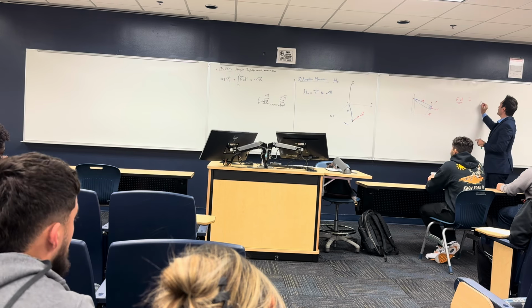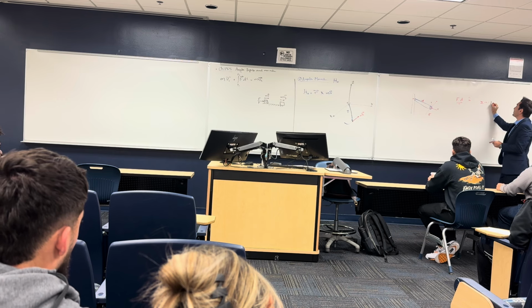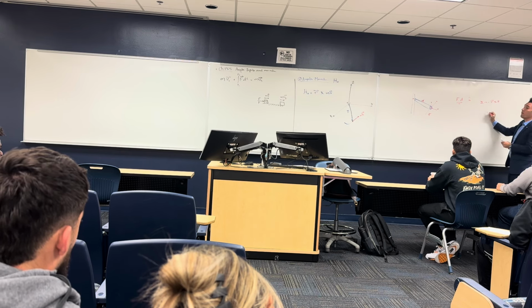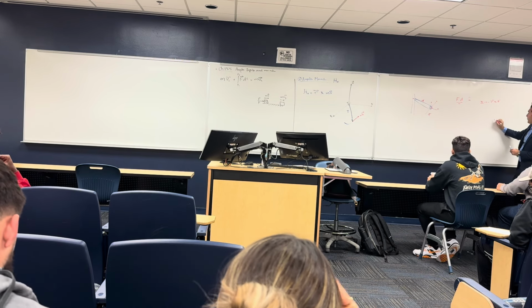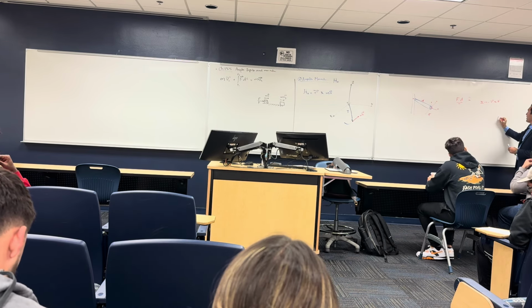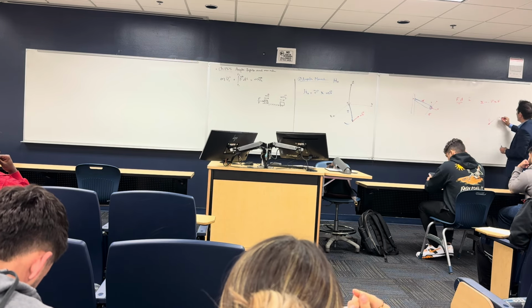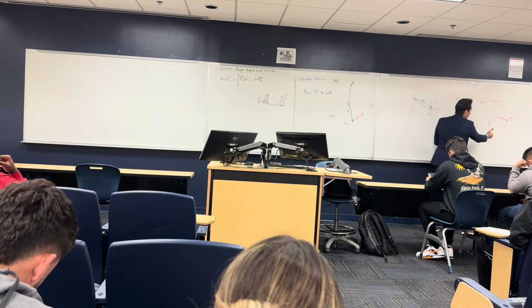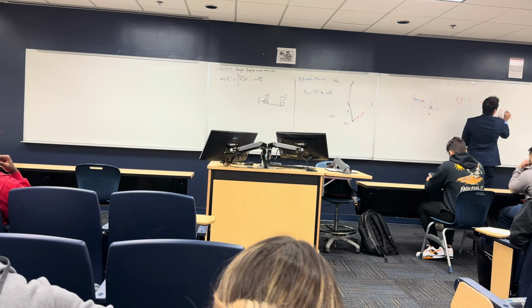The sum of the moment is force multiplied by displacement, so it's the R vector crossed with the force vector. For example, let's say my R vector is this way and my force vector is this way. R crossed with F is going to give you the moment vector this way.